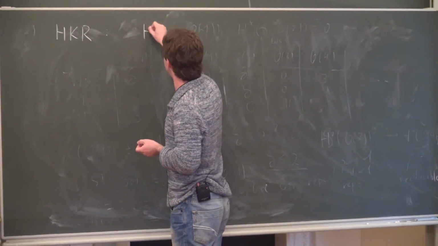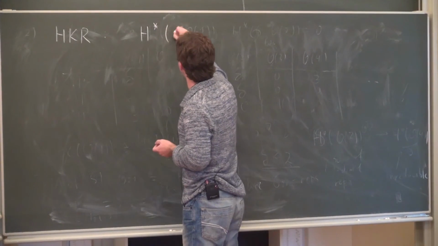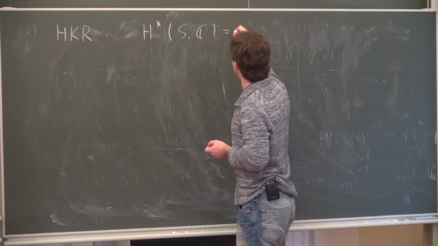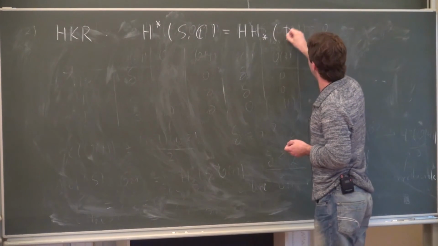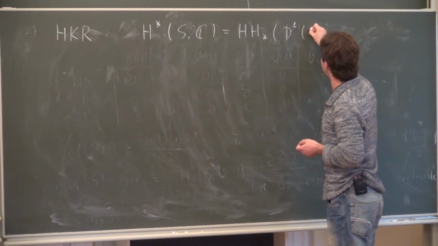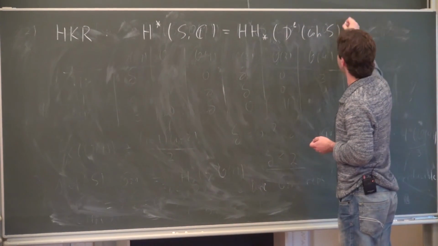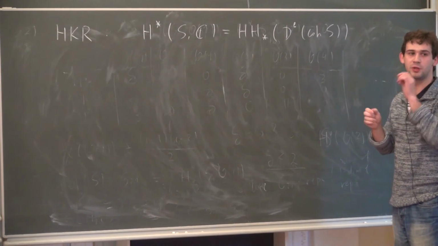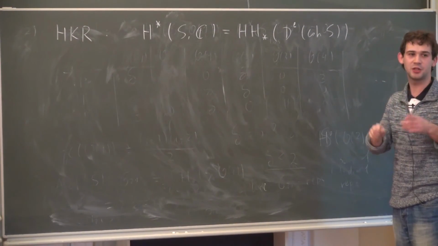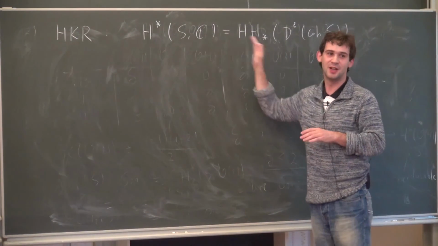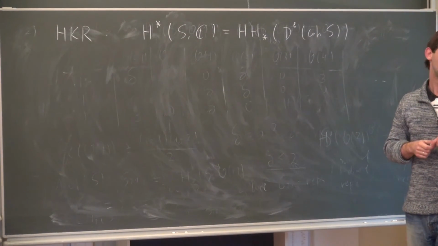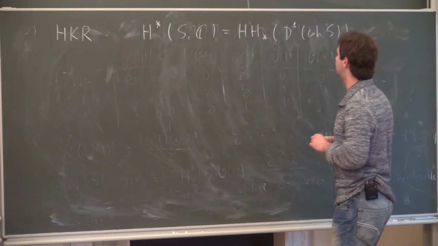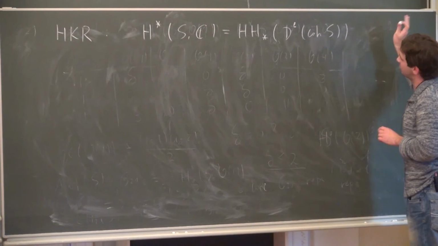H upper star of any variety is in fact isomorphic to the Hochschild homology of its derived category of coherent sheaves. There are some problems with grading, multiplication, and the rest, but as vector spaces, these two have the same dimension, right? Z2 graded, okay, right.